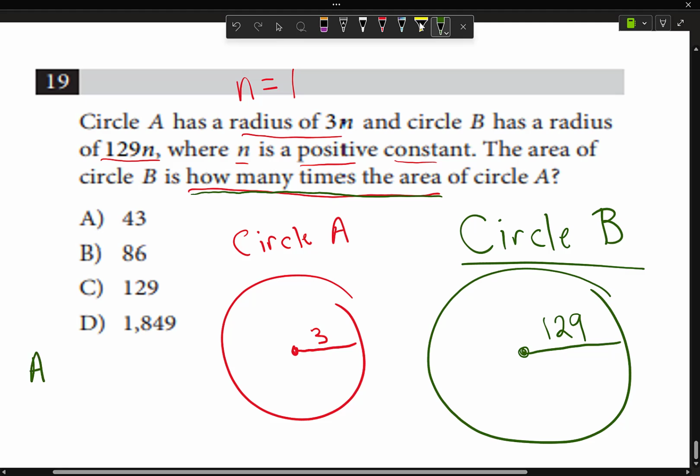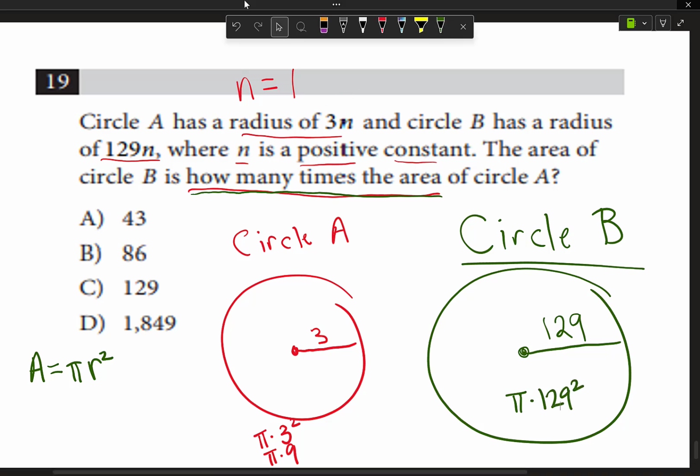So you should know the area formula for a circle is pi r squared. For circle A, the area is going to be pi times 3 squared, or in other words, pi times 9. And the area for circle B is going to be pi times 129 squared, which I'm going to need a calculator for.